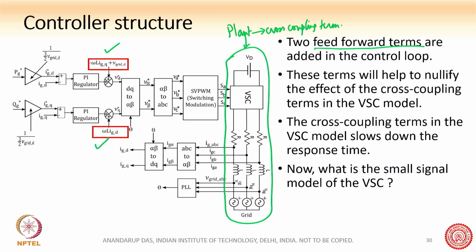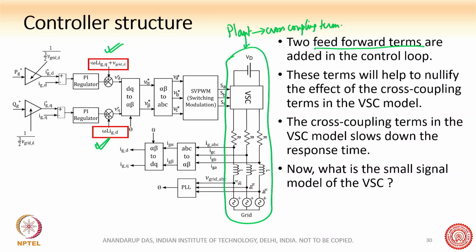What we can do is that in the controller we are adding 2 feed forward terms. As you can see here, these 2 feed forward terms we are adding, so that we try to minimize as much as possible the effect of this cross coupling term inside the plant, because the cross coupling term actually slows down the response of the plant.